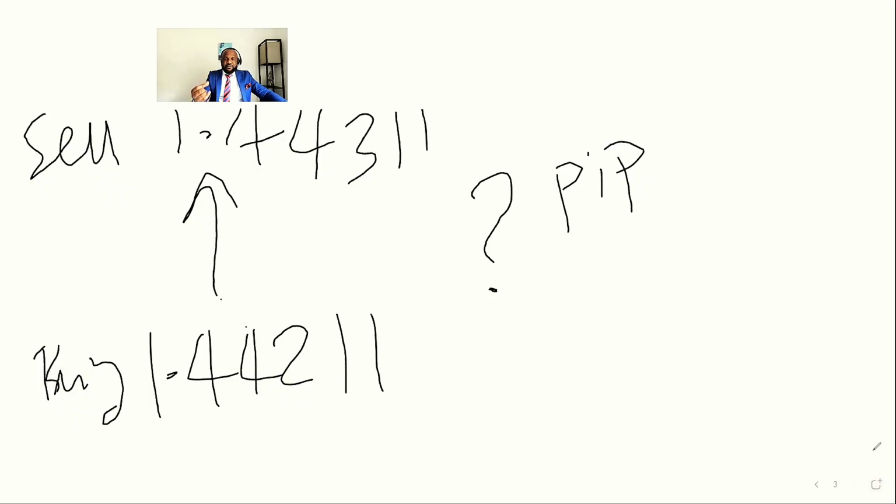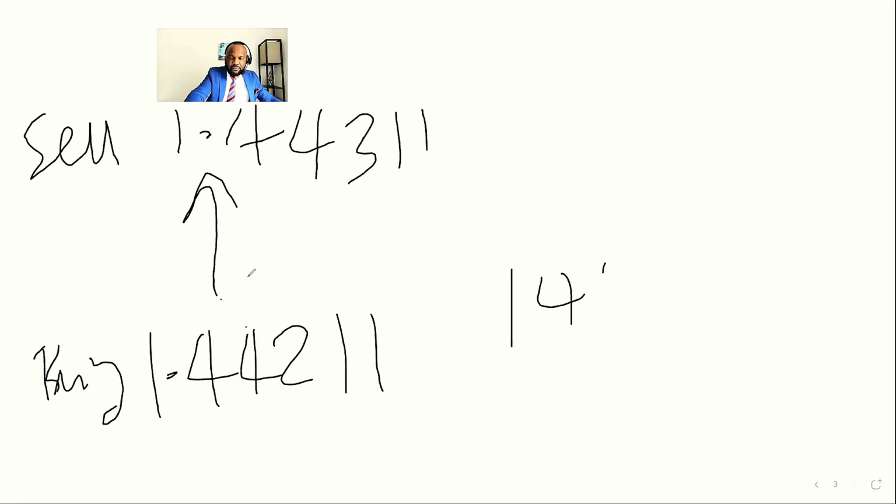So use the 3 steps. You want to attempt it first? Okay, I'm getting some answers: 10 pips, 10 pips, 10 pips. Okay, let's solve it together for those who didn't get it. Remove the decimal. When you remove the decimal, you have 1.44211, 1.44311.